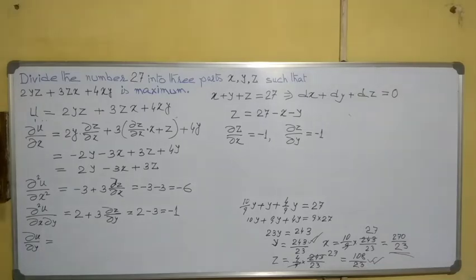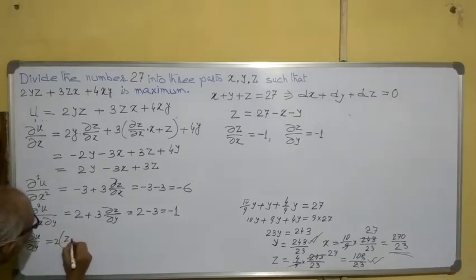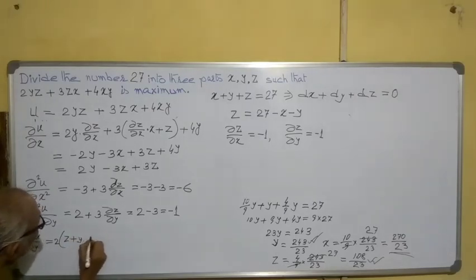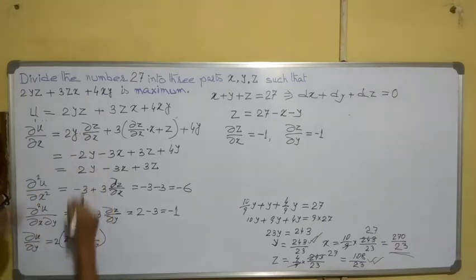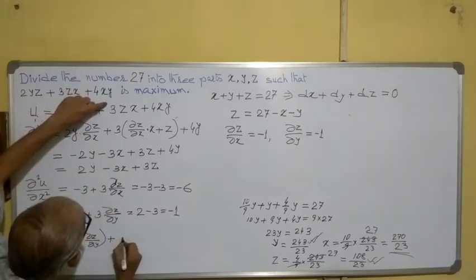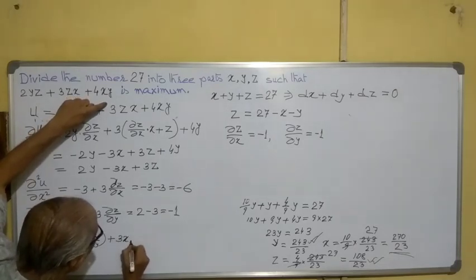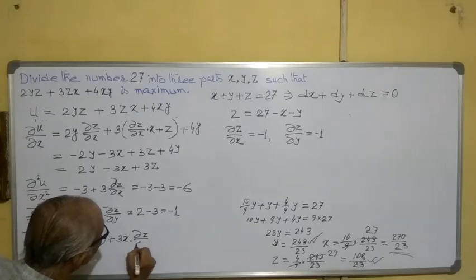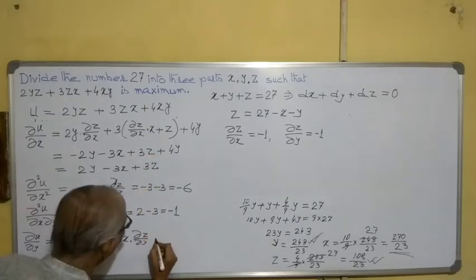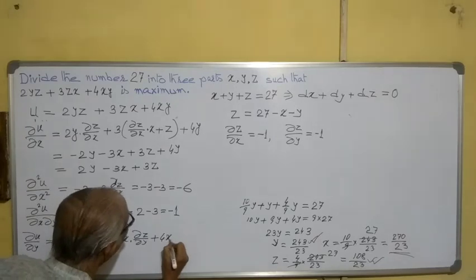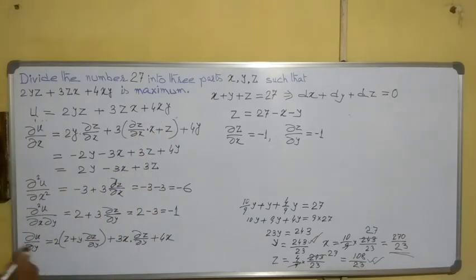Del u del y is from here, that is 2z plus y into del z del y plus 3x into del z del y plus 4x. Here x is a constant when you are doing del u del y.